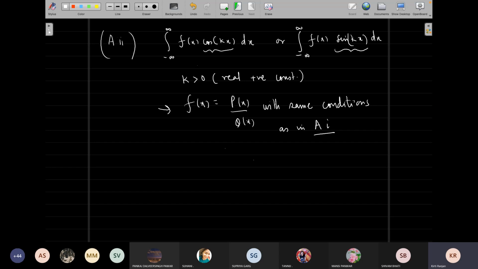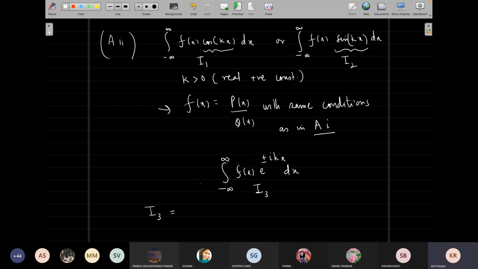So how do we solve this one with k greater than 0? In fact, you can think about solving this as the integral from minus infinity to infinity of f(x) e^(±ikx). Because if I call this I3, and I call these I1 and I2, how is I3 related with I1 and I2?